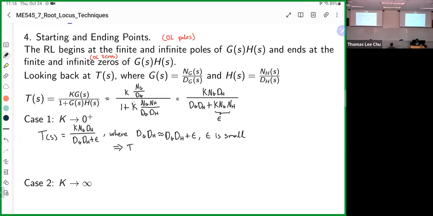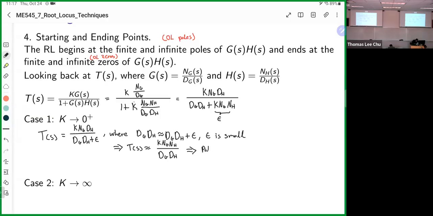Therefore, T of S is roughly equal to K NG NH divided by DG DH. And that's actually the open loop poles.